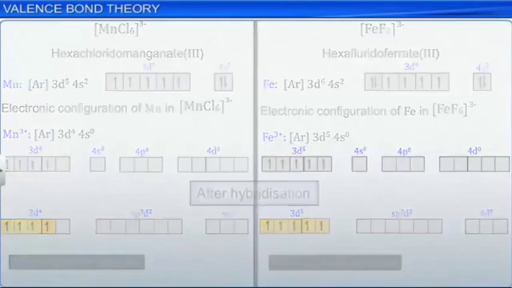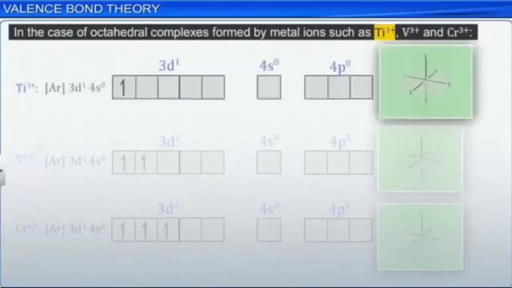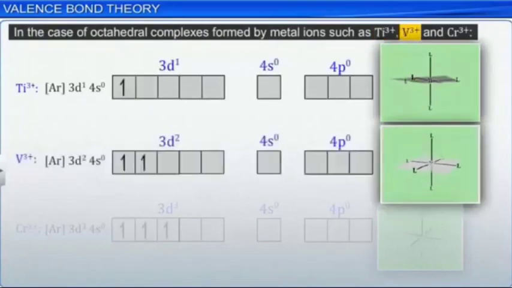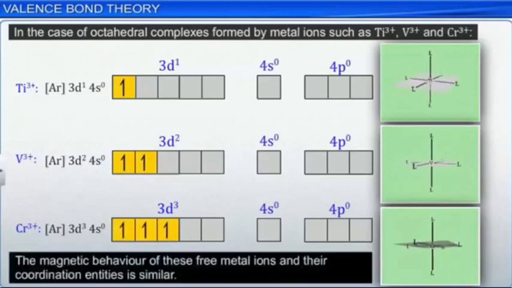However, note that in the case of octahedral complexes formed by metal ions, such as titanium 3+, vanadium 3+, and chromium 3+, which have 1, 2, and 3 unpaired electrons, the magnetic behavior of these free metal ions and their coordination entities is similar.